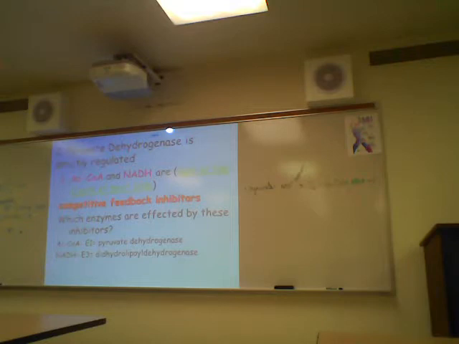So it's competing for that same active site. So there must be structural similarities between the acetyl portion of the inhibitor and the pyruvate portion of the substrate. Does that make sense? Another form of regulation is phosphorylation, dephosphorylation, our favorite. We see it all the time.